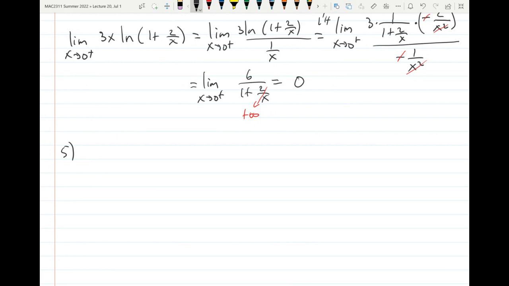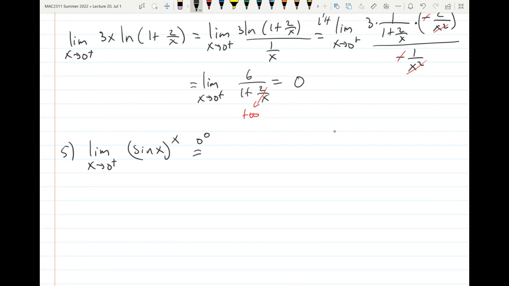Okay, so let's do sine of x to the x. So limit as x approaches 0 from the right of sine of x to the x. So this is a 0 to the 0 case. Okay. All right.